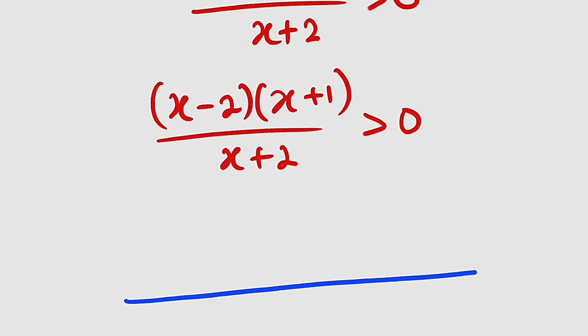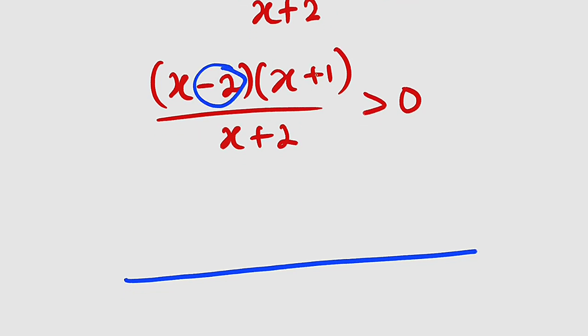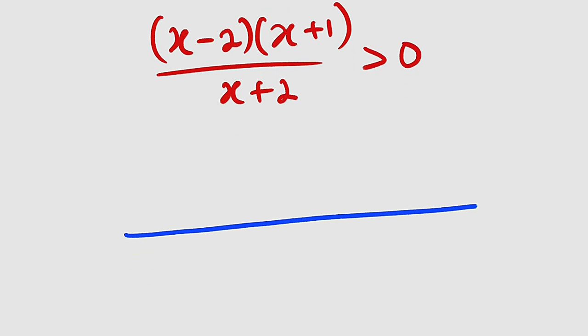The values of interest, we're interested in zeros here. That is by setting these factors to be equal to 0. You have either x equal to +2 or -1, right? And we are interested in this one as well, -2. So we have -2, -1, and +2.